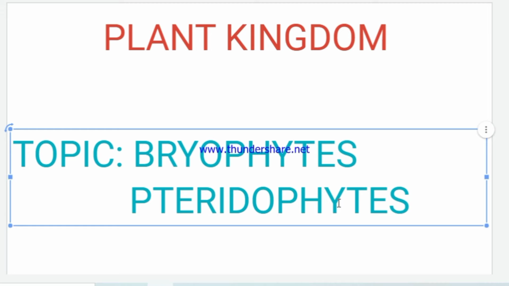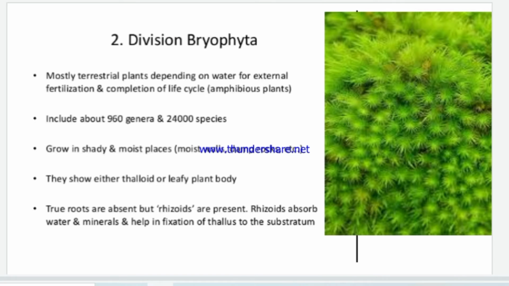We will continue with the chapter Plant Kingdom, and today we will try to discuss the bryophytes and pteridophytes. So let us start with bryophytes.